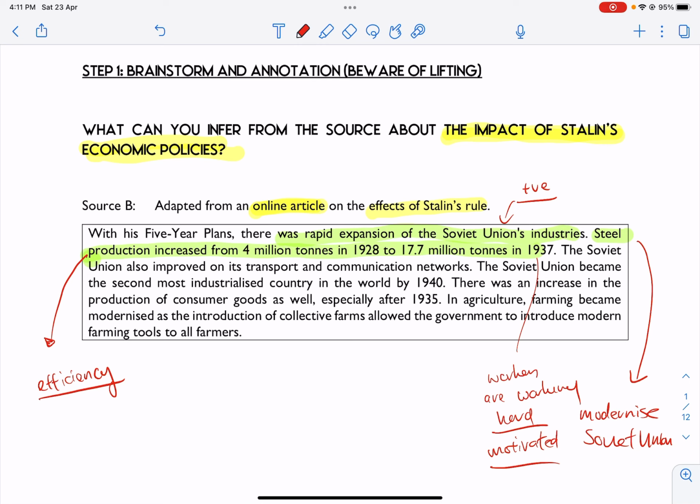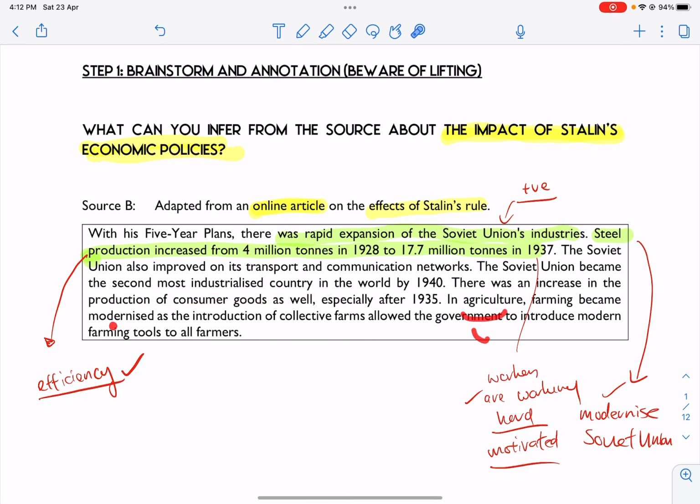Can you take note and see the 3 things I wrote here? 1, 2, 3 are based on my own understanding and my own extensions of this evidence. Moving on, it says that transport also improved, communication networks improved. It became the most industrialized country.